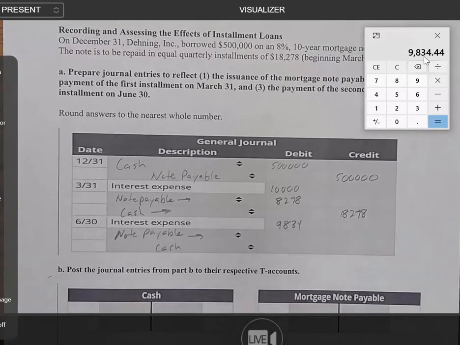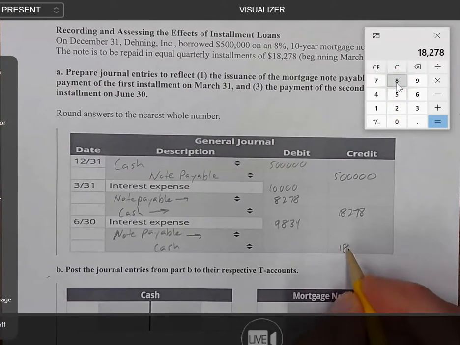Let's see here now. We paid out $18,278, and so we can go ahead and record that as our credit to cash.